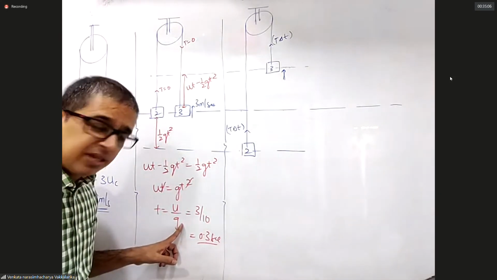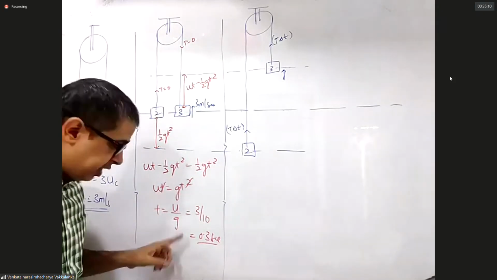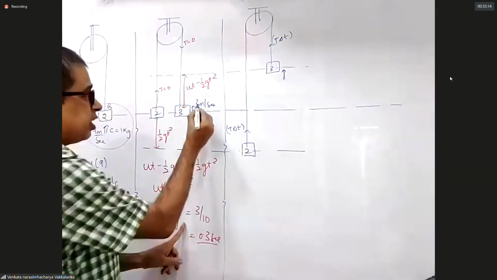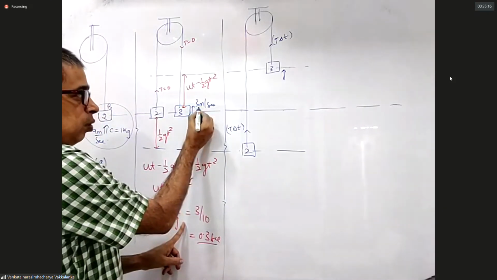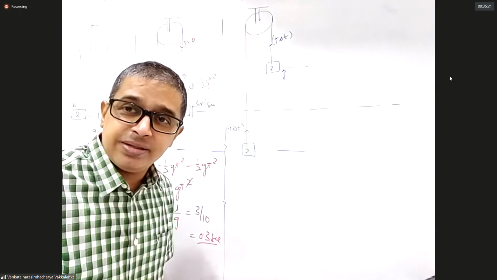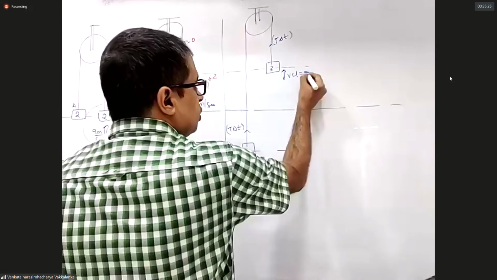Time taken for this body to come here under the influence of gravity is u by g. Can you recollect this u by g? You have projected a body with a velocity of u. After u by g time, it will reach the maximum height, right? Yes, sir. That means velocity here is 0.